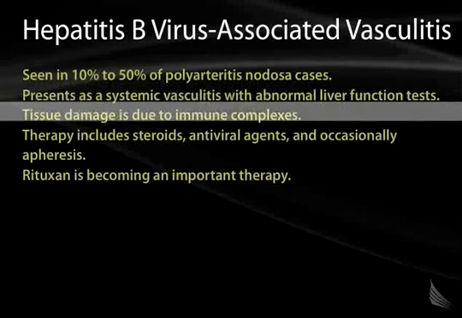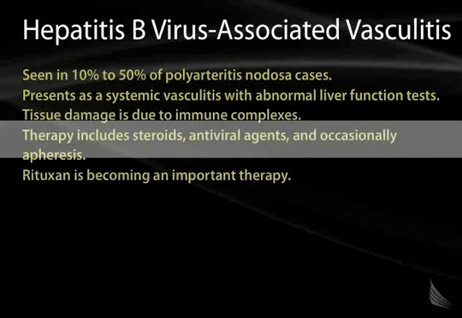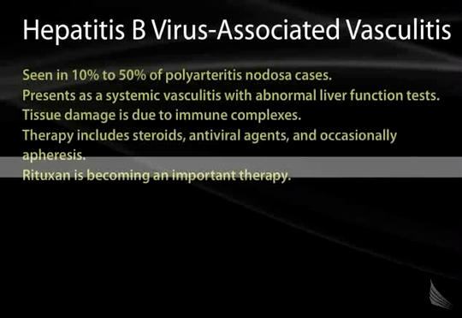The tissue damage is due to immune complex deposition, and the therapy includes antiviral agents for treatment of hepatitis B, as well as steroids, and can even progress to pheresis to try to get the autoimmune antibodies that are associated with hepatitis B virus infection out of the system. Rituximab or Rituxan is becoming an important therapy in the setting of hepatitis B-associated vasculitides.